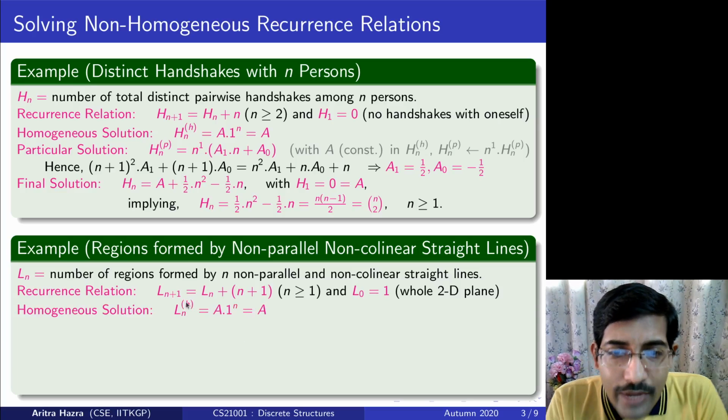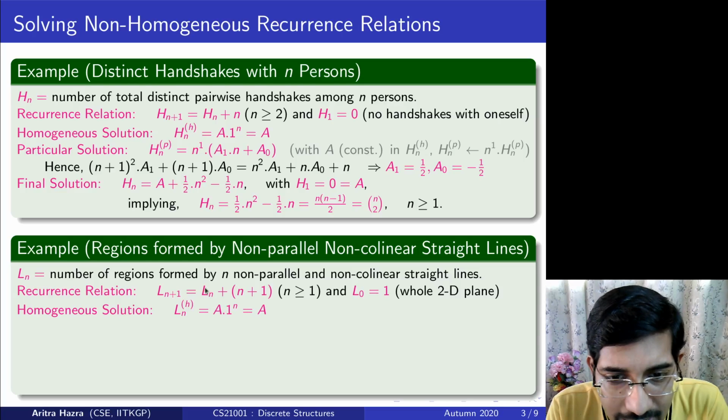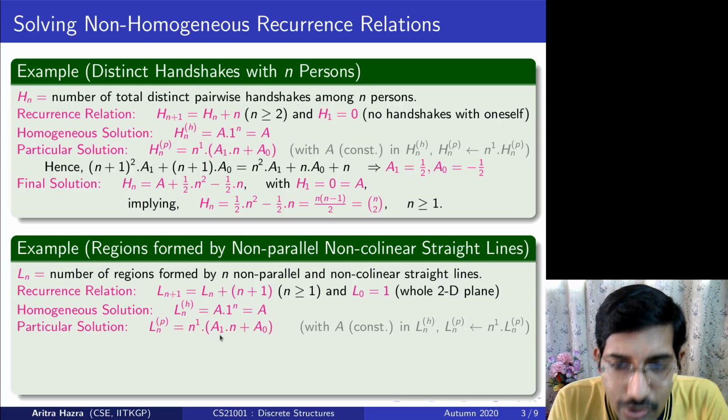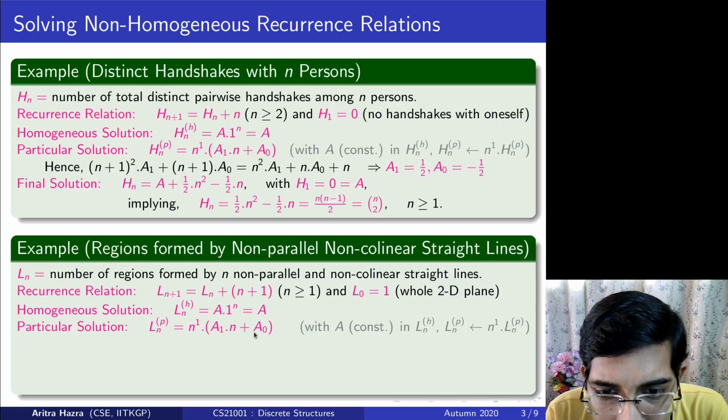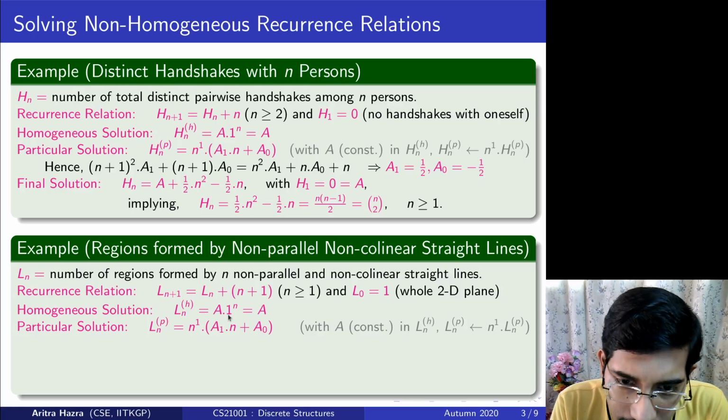When we do that, the homogeneous solution is a simple one. It's a1 to the power n. And the other solution again we will seek as a1 n plus a0. Again a0 coincides with this one.